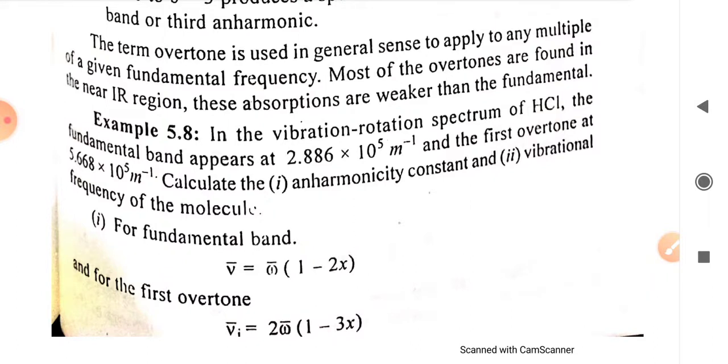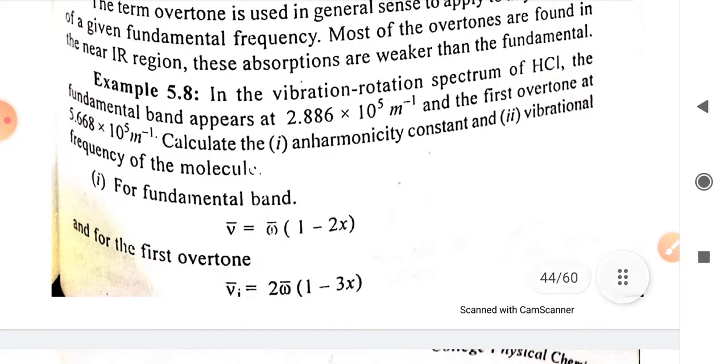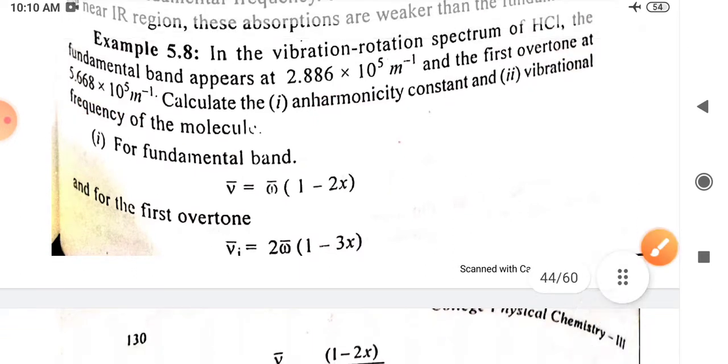In the vibrational rotational spectrum of HCl, the fundamental band appears at 2.886 into 10 raised to 5 meter inverse, and the first overtone at 5.668 into 10 raised to 5 meter inverse. First we need to calculate the anharmonicity constant, which is the value of x, and the vibrational frequency of the molecule, that is omega bar.